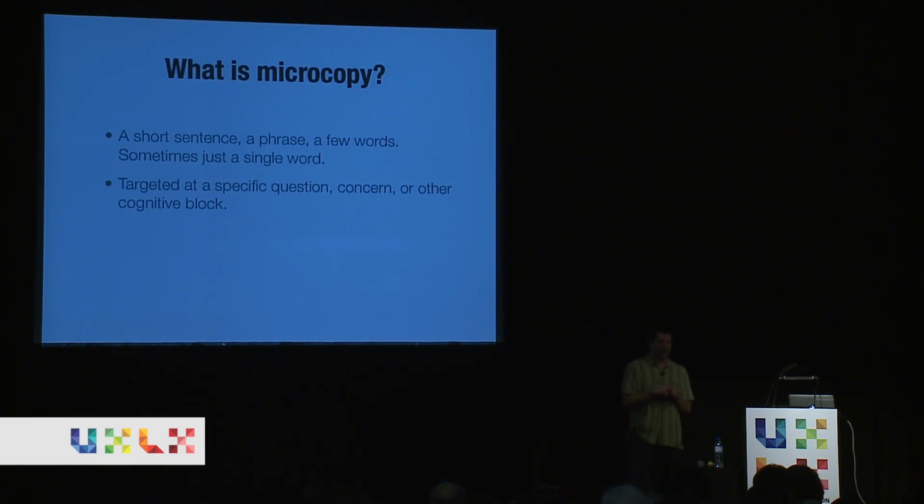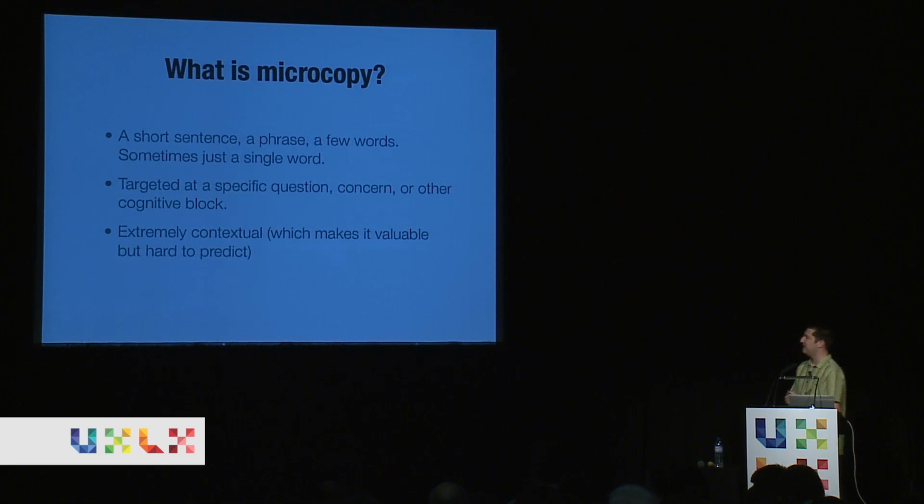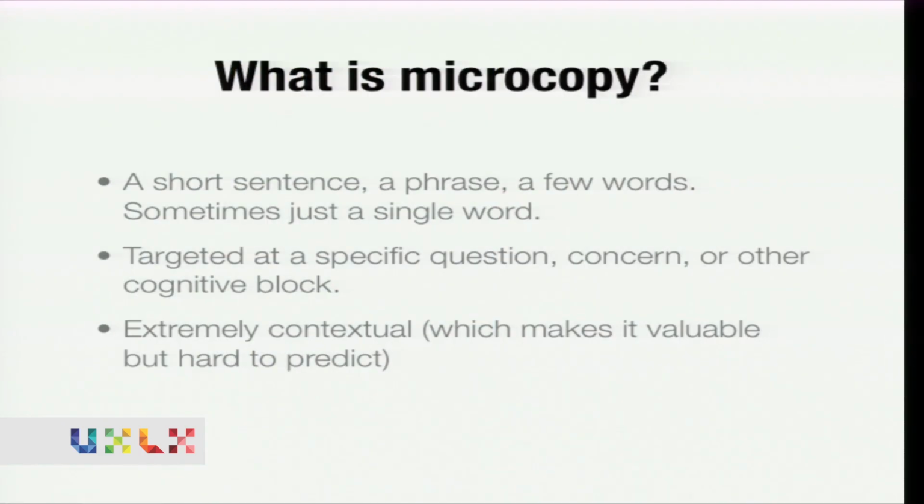It's like you're anticipating the troubles they're going to have with an interface. It's always extremely contextual, so this actually makes it really hard to predict. Until you do usability testing or watch people use your software or interface, you probably won't be able to predict what microcopy is needed.